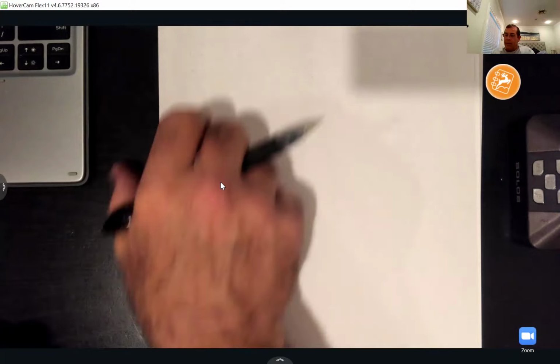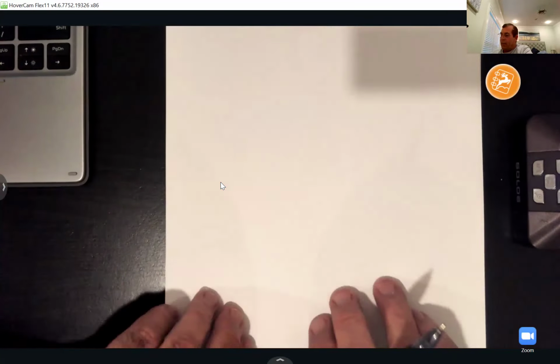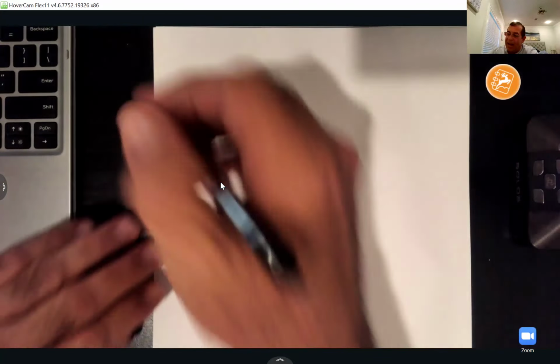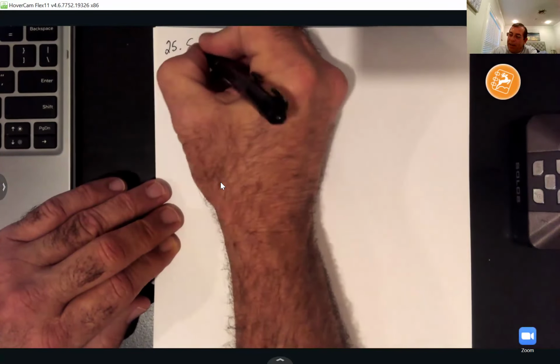All right, y'all, so let's see. Let me fix my paper here. So, 25. This one says, solve for x.